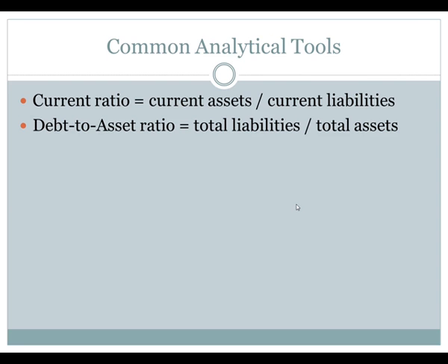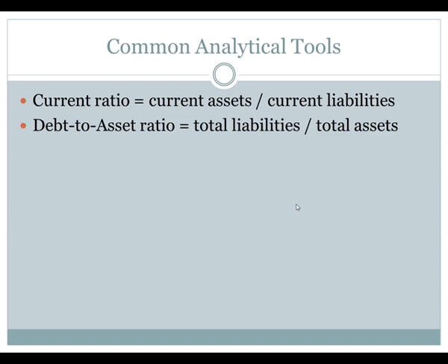So the debt-to-asset ratio is typically presented in percentage form, whereas the current ratio is typically in a ratio form, such as 0.75 to 1 or 2.4 to 1 or something like that. Both of those measures help us evaluate the impact and utilization of liabilities with respect to a particular entity.